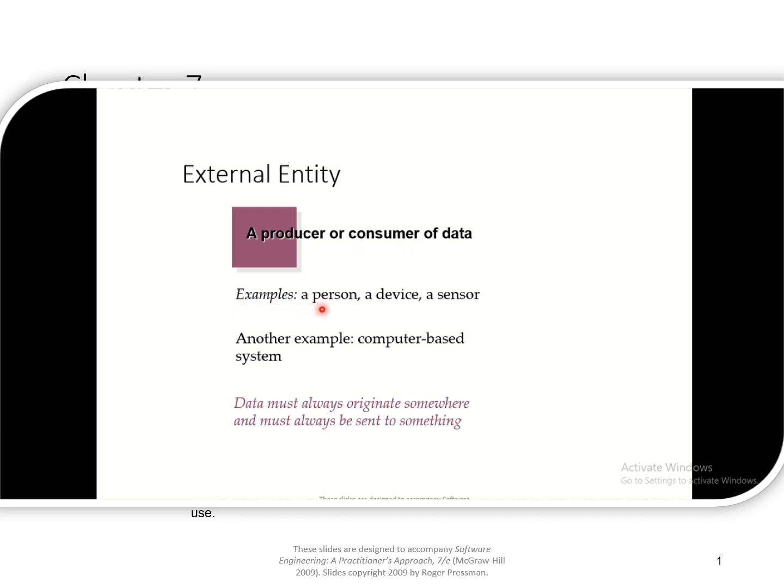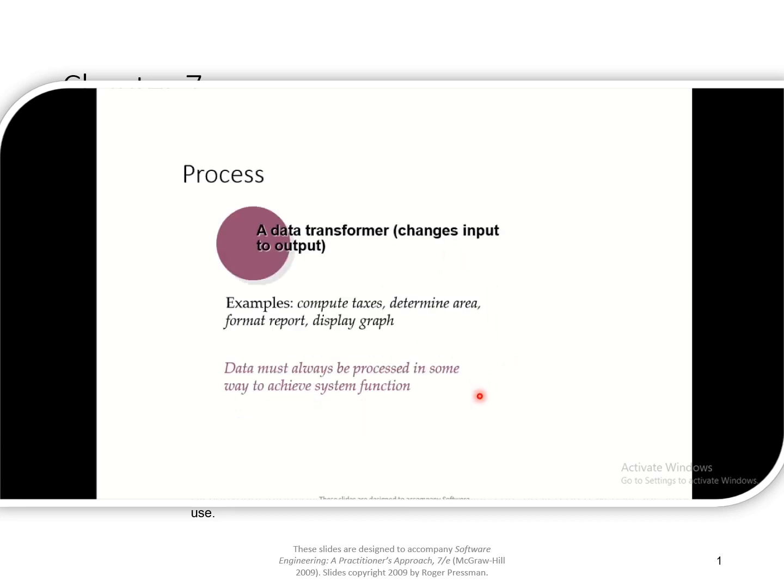We can see the examples of a person, a device and a sensor as an external entity. It is important to note that data must always originate somewhere, like it must be produced from some entity, and it must always be sent to something, or it must be consumed by another object.